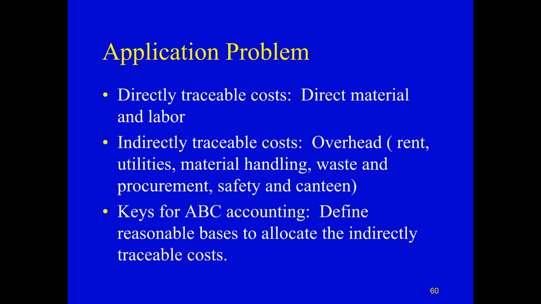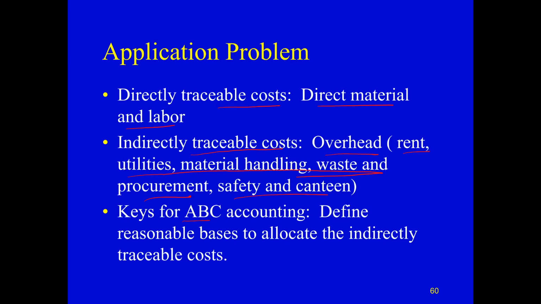Now, in that application problem, we can directly trace the cost for direct material and labor. Indirectly traceable costs are overhead, and we discussed that these are rent, utilities, material handling, waste and procurement, safety and canteen. Keys for ABC accounting: define a reasonable basis.